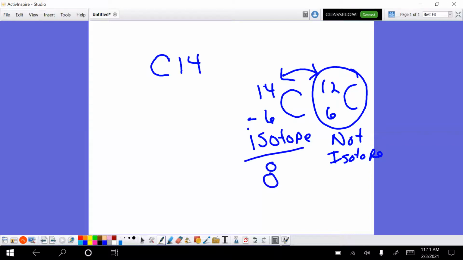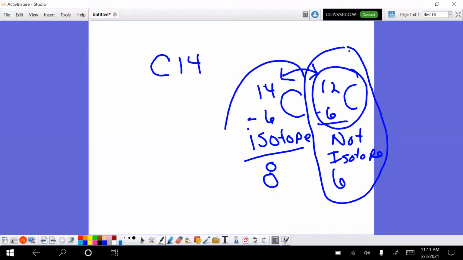If you want to know how many neutrons there are in carbon, it's 12 minus 6, and that is 6 neutrons. So this one is not an isotope, and this one is an isotope. Okay? Does that clear things up a little bit?